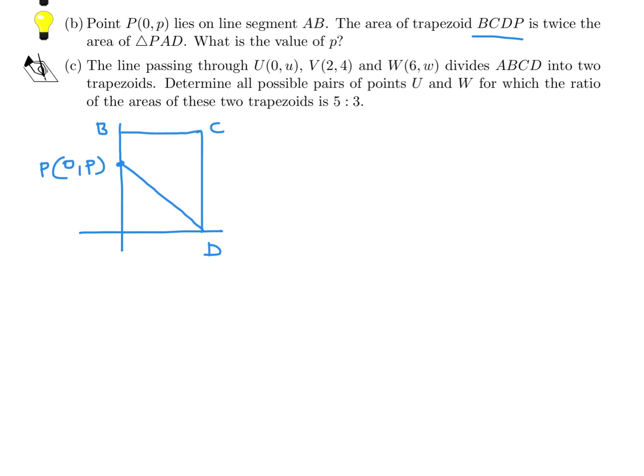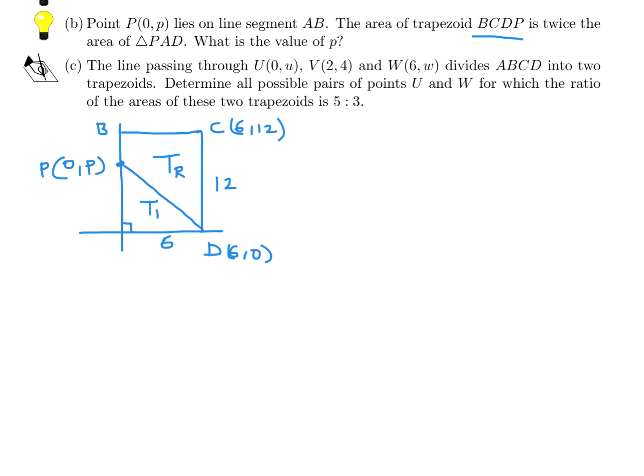Okay, I got it. Okay, so D was what? This was 6, 0. And C was 6, 12. So the dimensions are 6 and 12. And then the area of this triangle, I'm just going to call this whatever you want to call it, I guess trapezoid, and triangle.